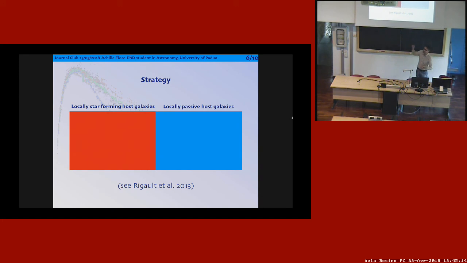Okay, this is a little graph I made in order to explain the chief idea of the paper. As told us by Rigault et al. 2013, it is known that if a type 1a supernova exploded in a globally passive host galaxy, we are almost sure that the local environment is locally passive as well.